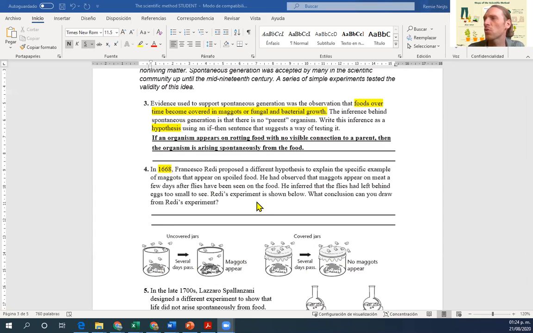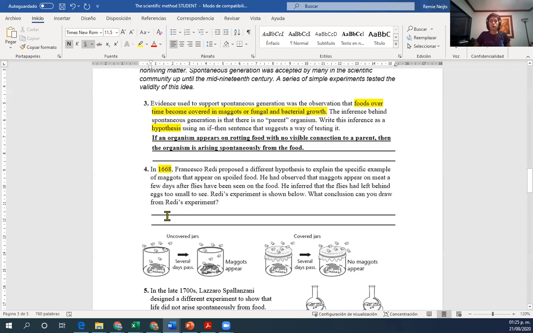So what conclusion can you get from this experiment, Gustavo? Can you help me? Yeah, that if you leave meat in the open, it will get, well, let's say, infected with maggots.